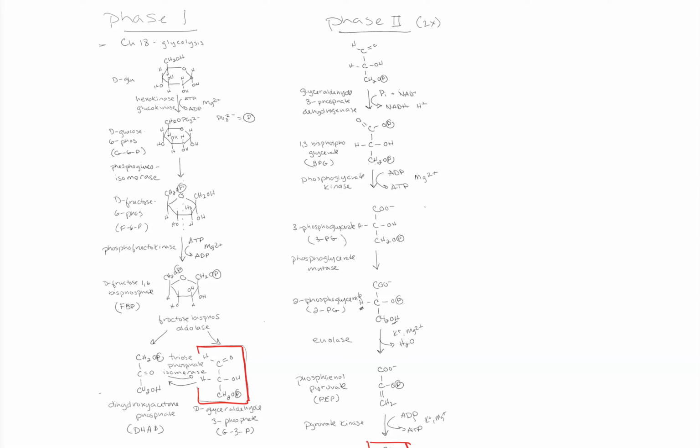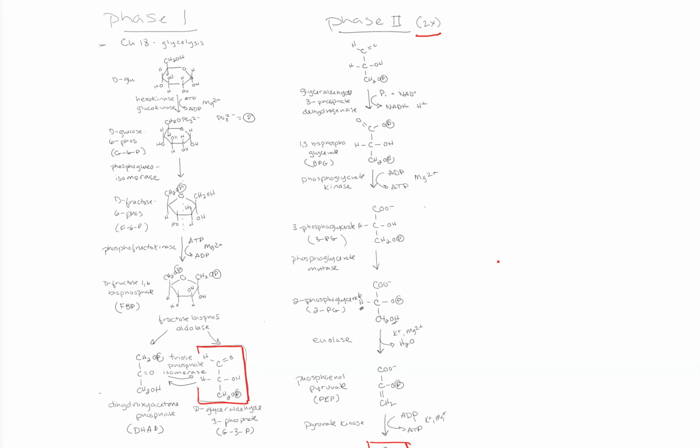And then in phase 2, remember everything here is times 2, we have 2 equivalents of glyceraldehyde 3-phosphate that get subsequently phosphorylated using a reducing equivalent NADH and inorganic phosphate.